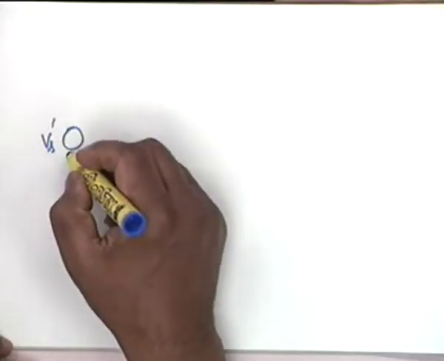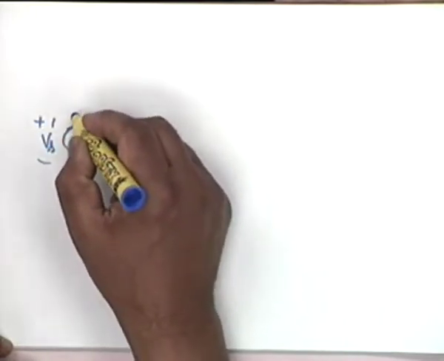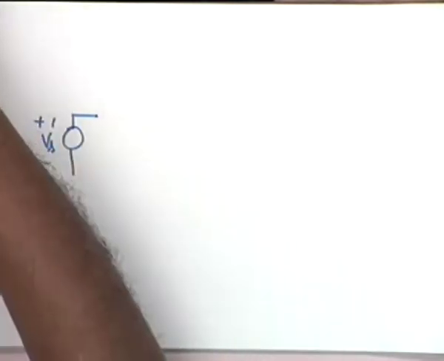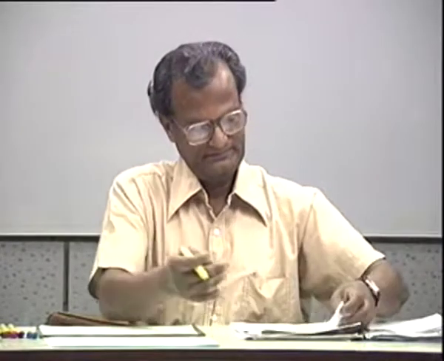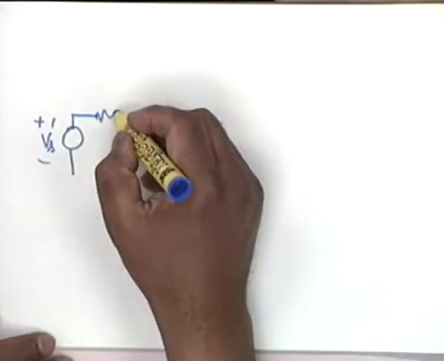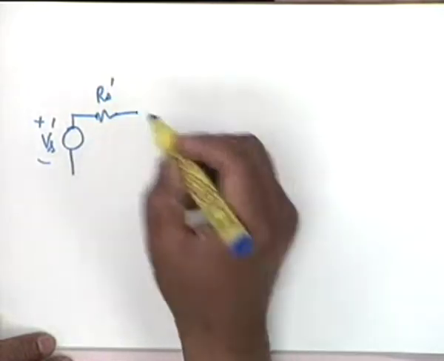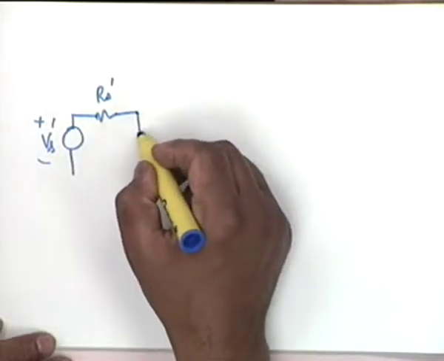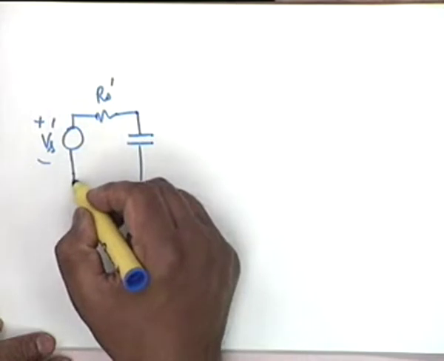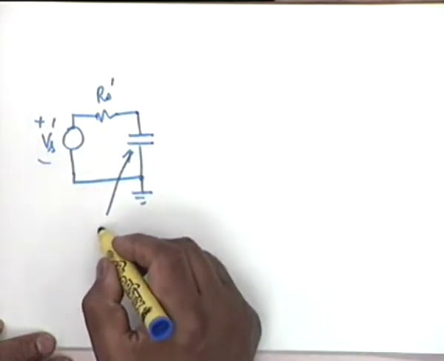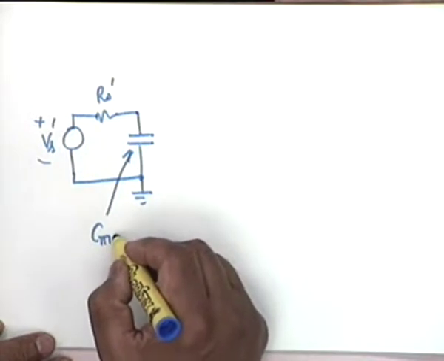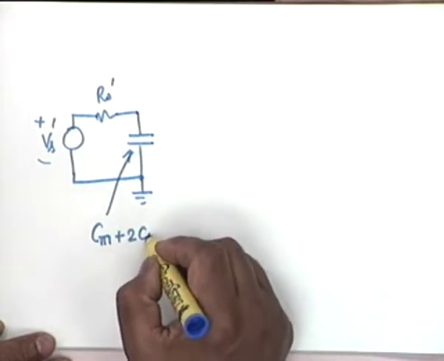Vs prime, then Rs prime, whose values we know, and at the input side we shall simply have a capacitance whose value is, yes, C pi 1 plus twice C mu 1.